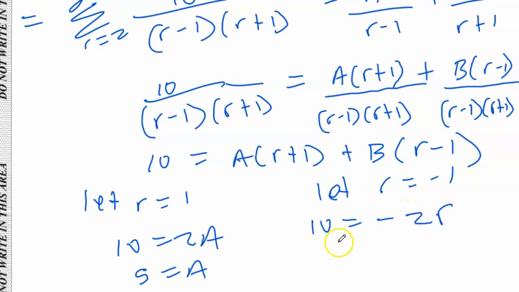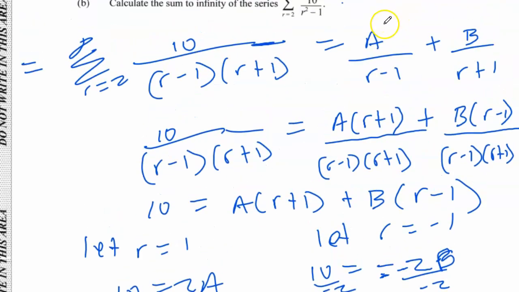Divide both sides by minus 2, we get minus 5 equal to b. Alright, so in partial fractions, a would be 5, and b would be negative 5.